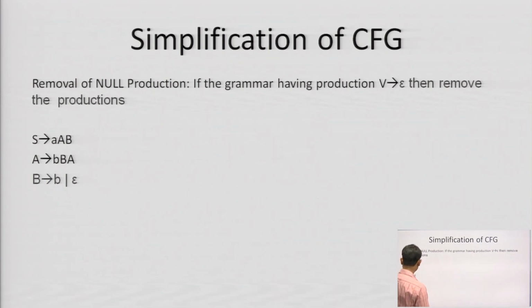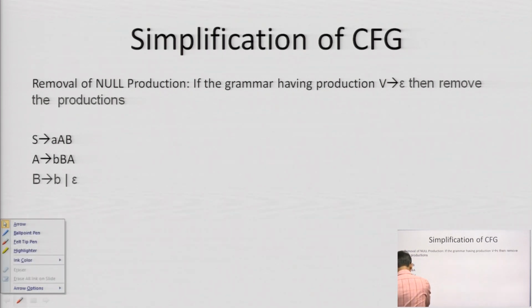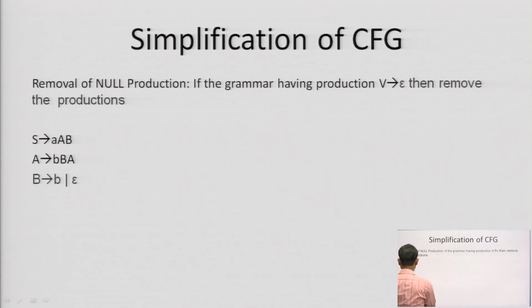Let me take another example here. Suppose the grammar is given with productions S to AB, A to BB or a, and B to epsilon.